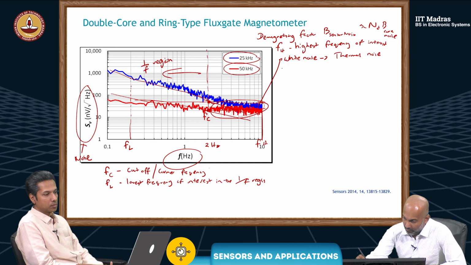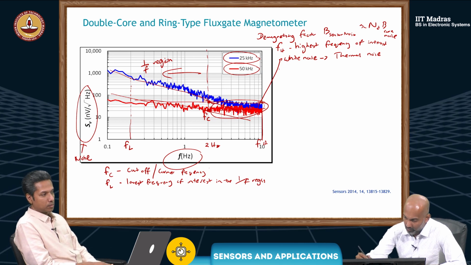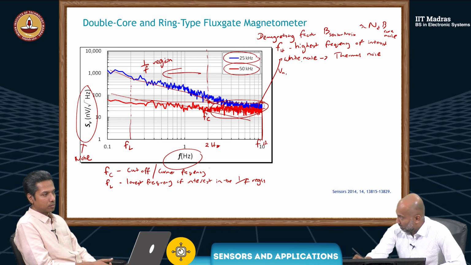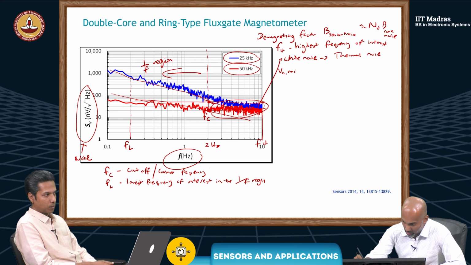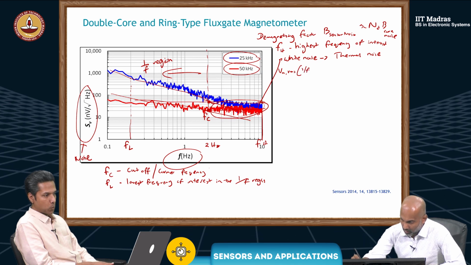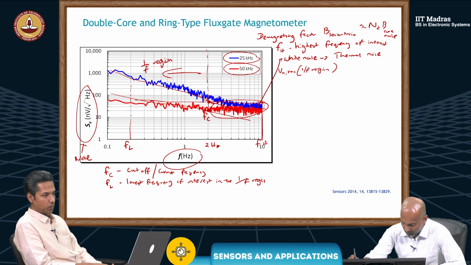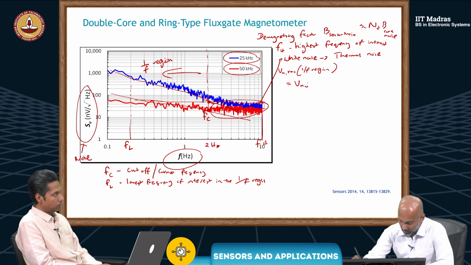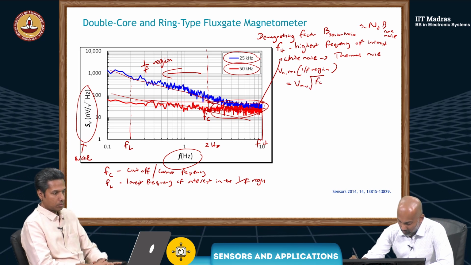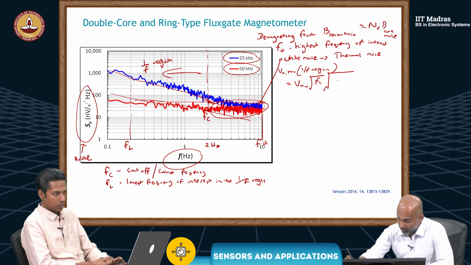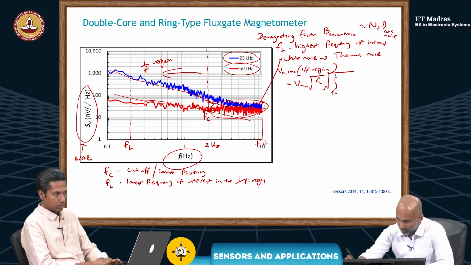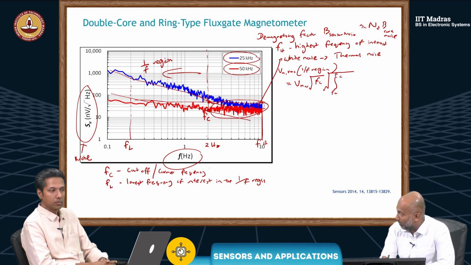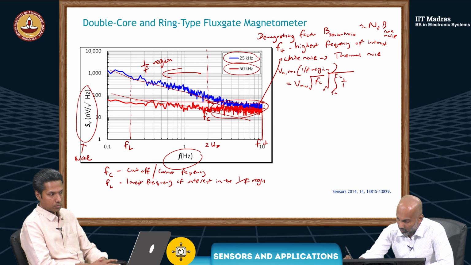Now, if you look at Vn, noise RMS, in this 1 over F region, you have to integrate from here to the corner frequency, 1 over F df.